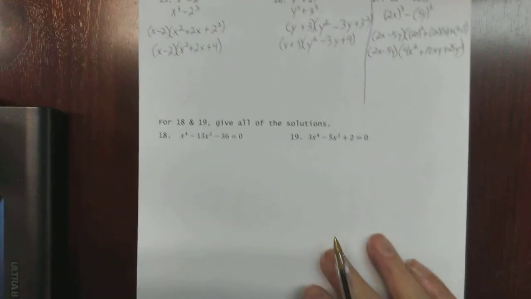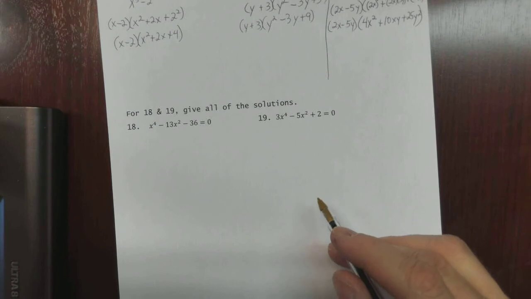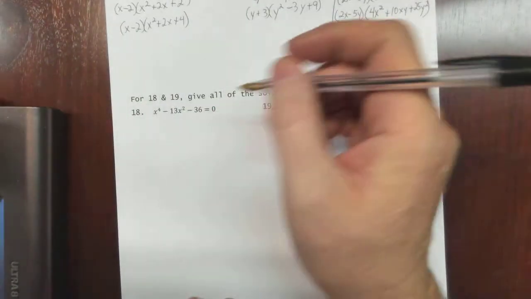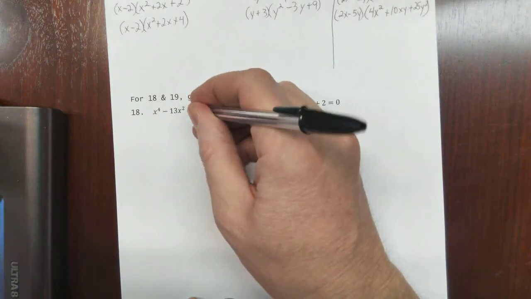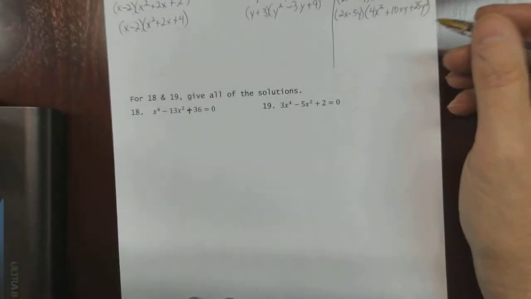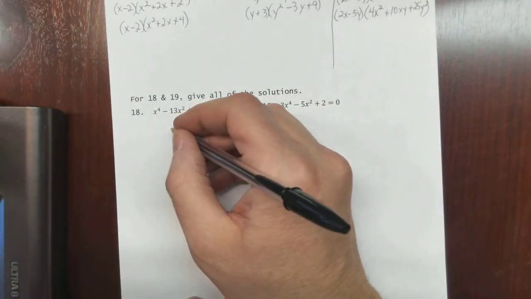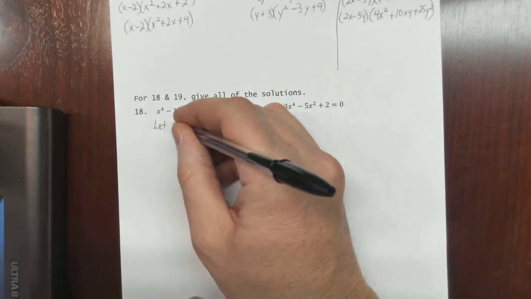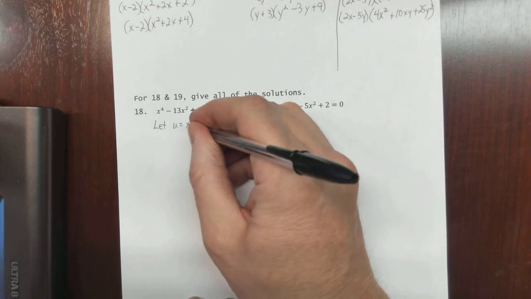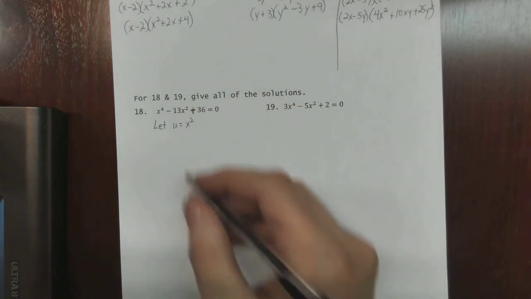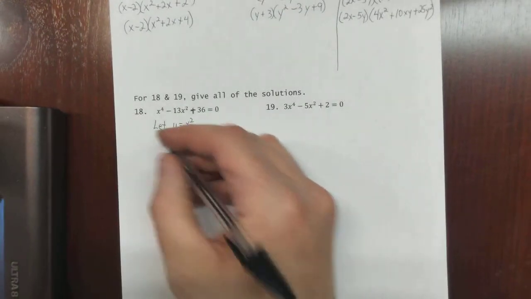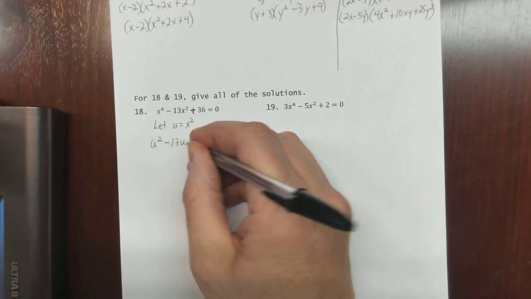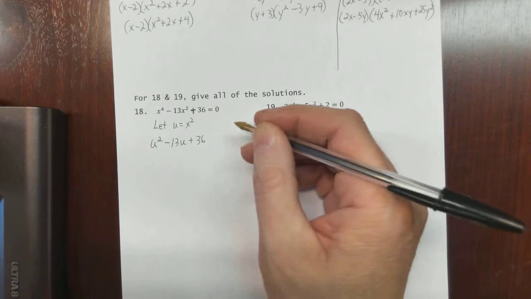And these equations that are going to be there, we're not saving it for the next test. I do recall we changed this to plus 36. When we have the fourth power, if we let u equal x squared, then x to the fourth is u squared, and we have minus 13u plus 36.